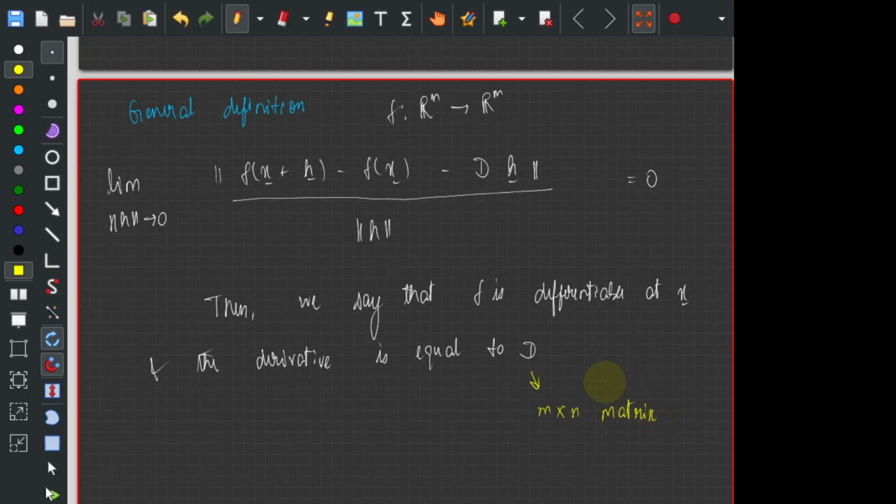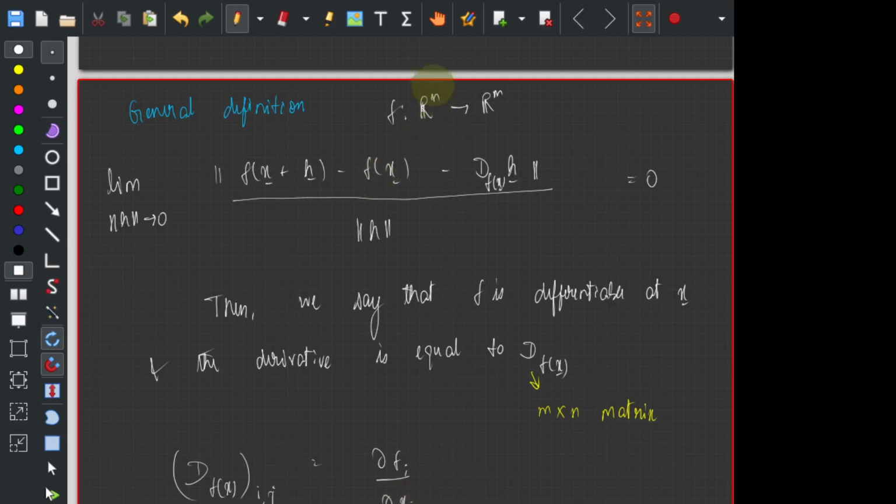Now this D depends on the point at which it is evaluated, of course. So we'll call this df of x. And what are the entries of df of x going to be equal to? These will simply be dou fi by dou xj.